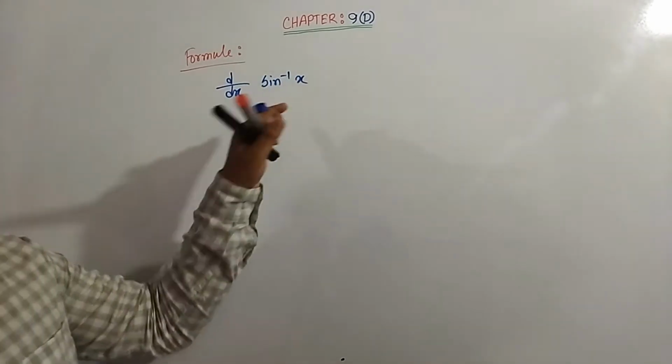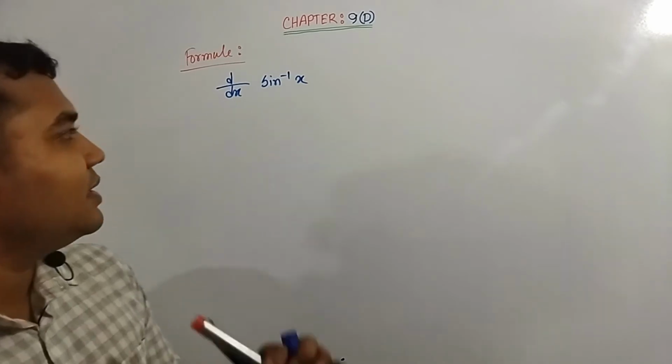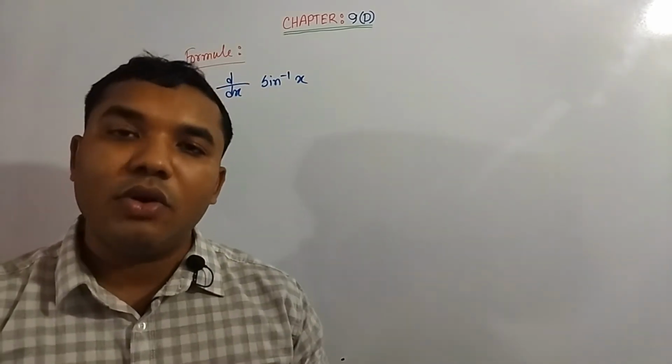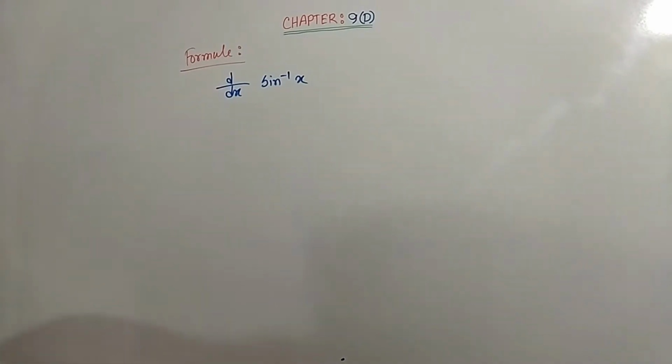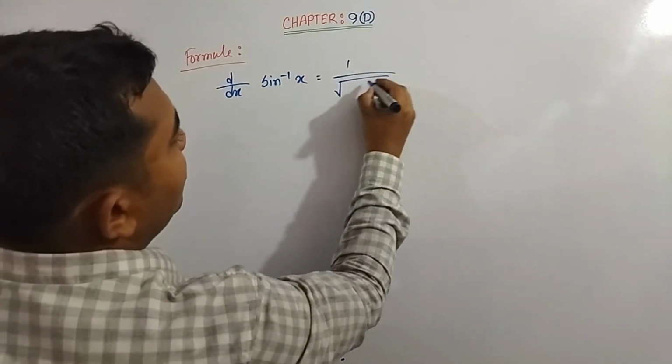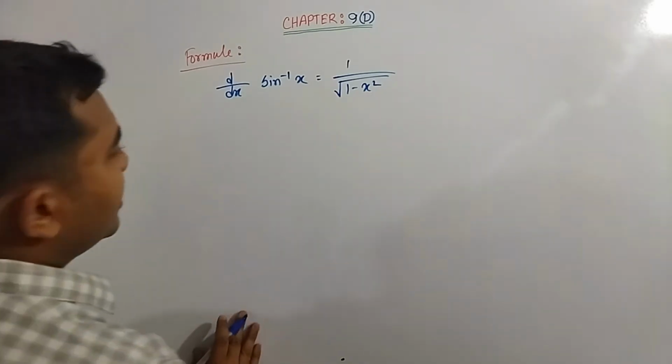We already know that if we take the derivative of sin x, we get cos x. But what about the inverse function? That's our plan today. So d/dx of sine inverse x is 1 by root over 1 minus x square.